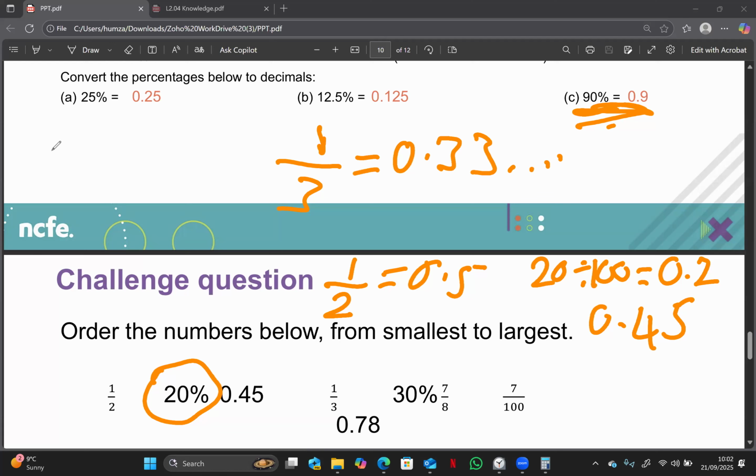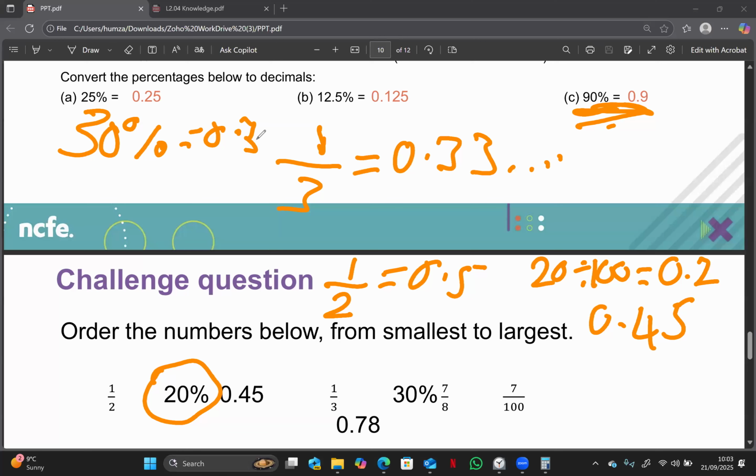What's 30% as a decimal? 30 divided by 100. And what's the answer? 0.3. Okay.